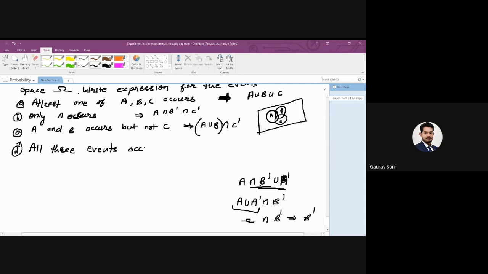If you take A union B, the complete part will be there, but then we took the intersection with C complement, so C wouldn't be included at all. Yes, it is correct.